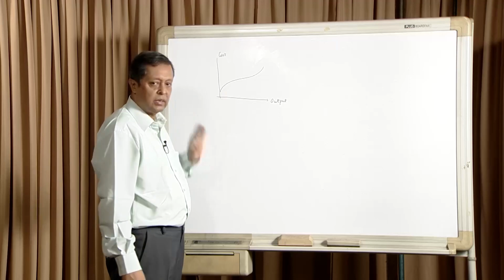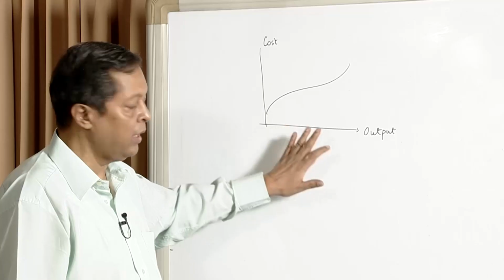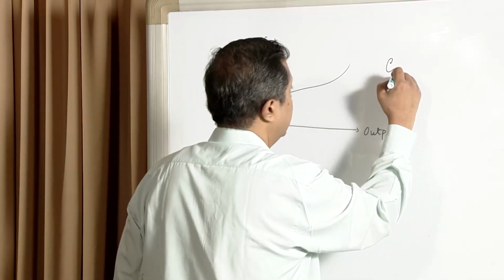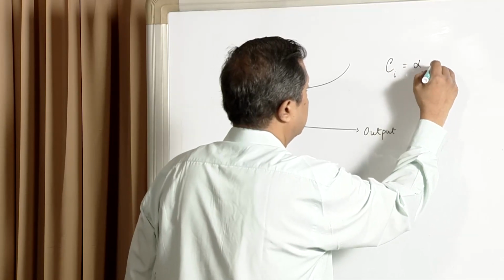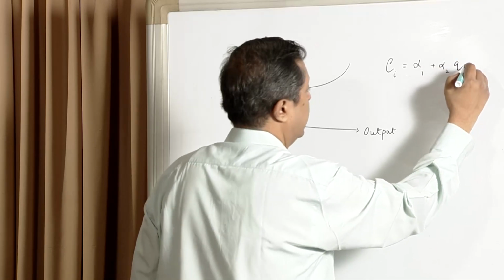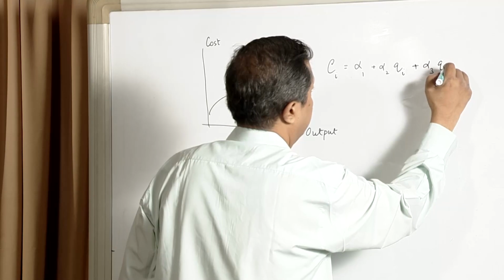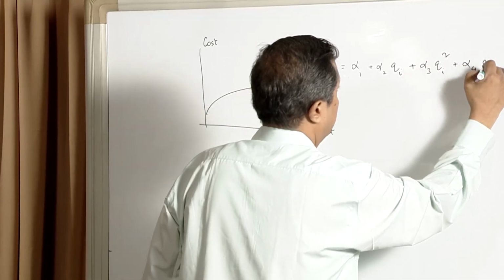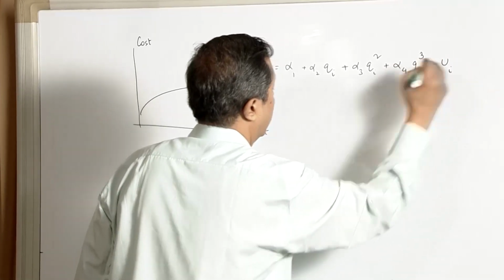So, this equation that shows the relation between cost of production and output would be given as C i equal to alpha 1 plus alpha 2 Q i plus alpha 3 Q i square plus alpha 4 Q i to the power 3 plus U i.